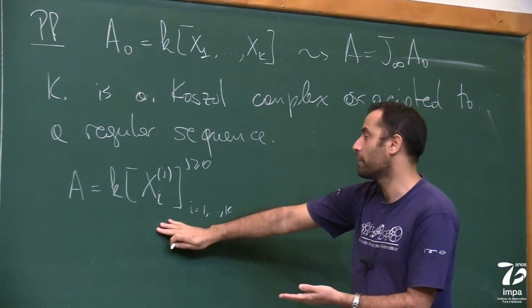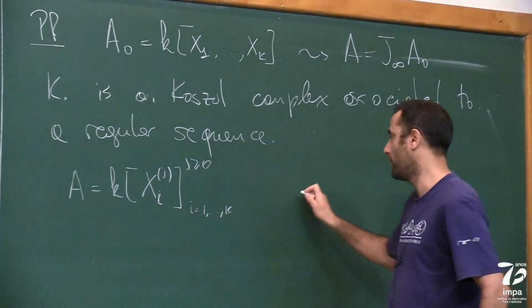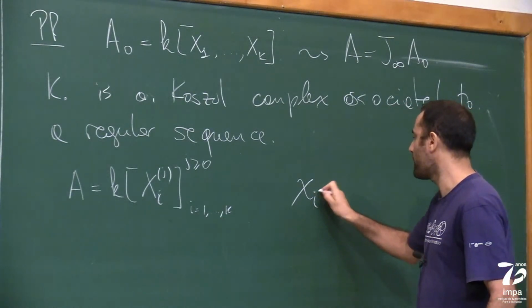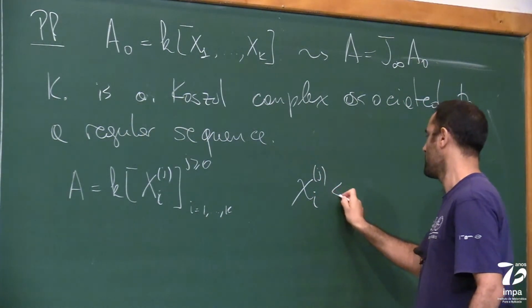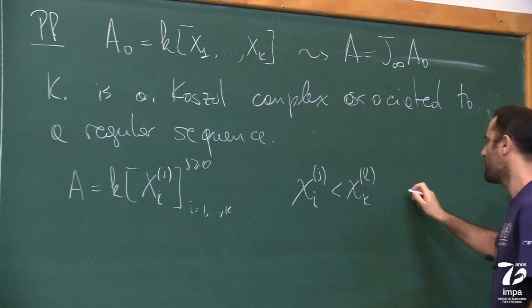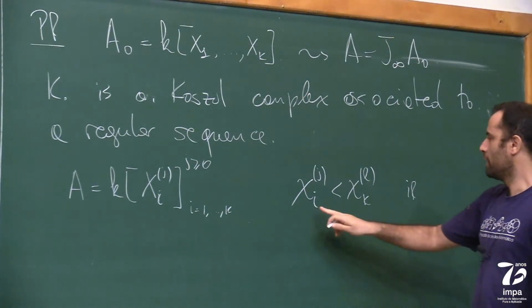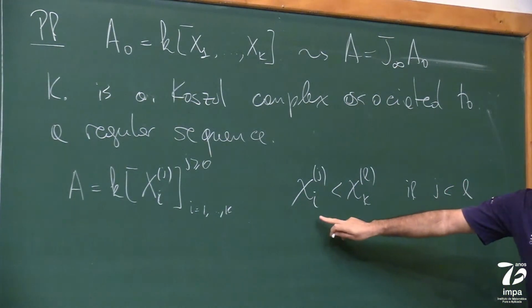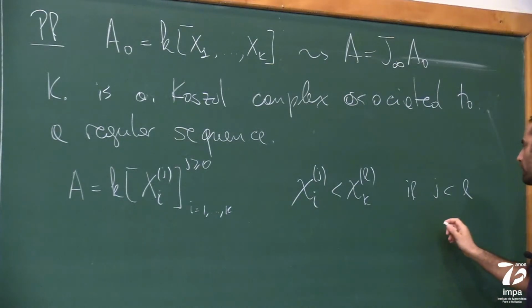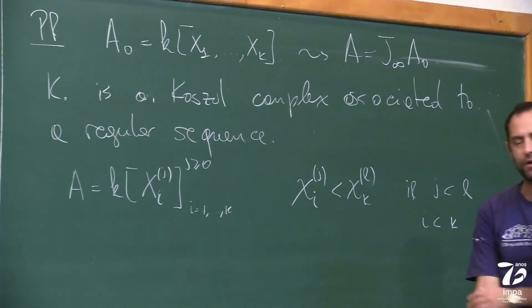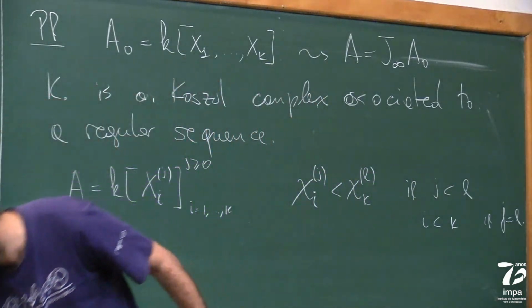So the order that I'm going to pick is a complete order on the set of generators, where I declare that x_{ij} is less than x_{kl} if j is less than l. And if they are equal, then I look at i less than k. So that's a lexicographic order on the generators, and that gives me a complete order.